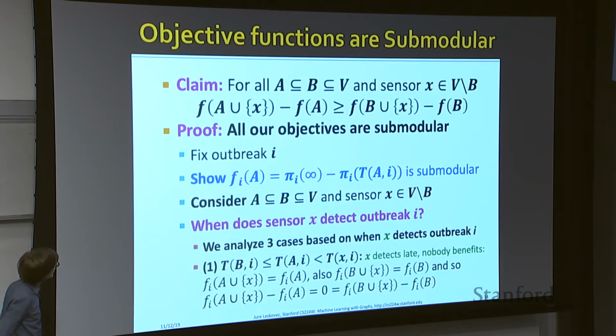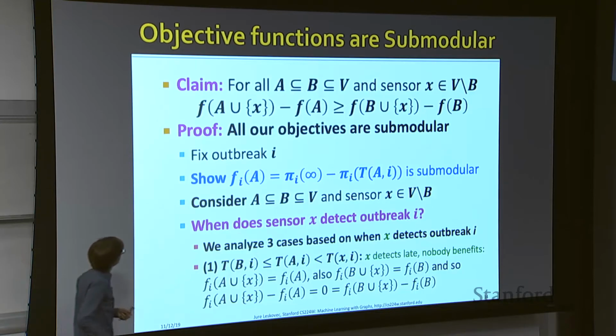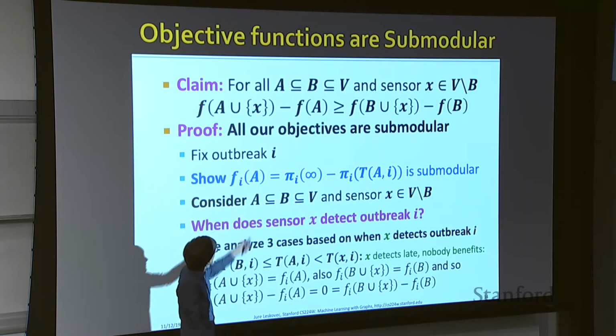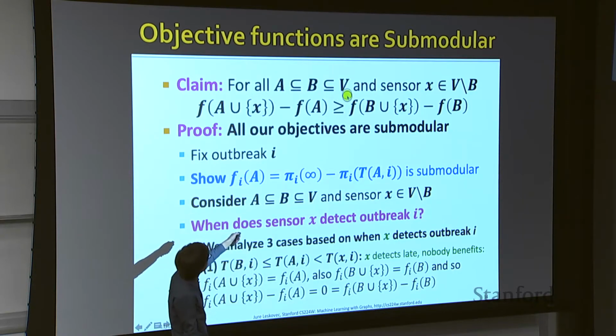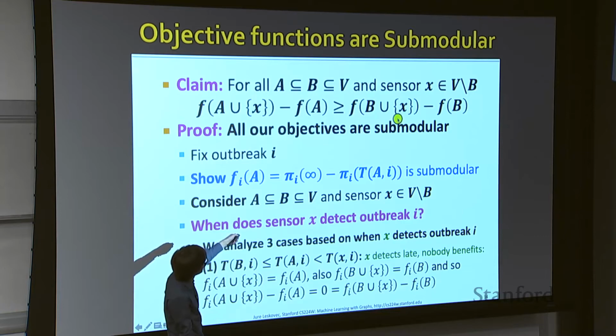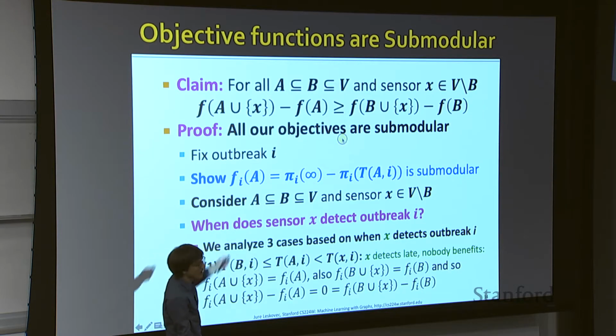So let me make a claim and then show you the proof. Our claim is that for all A a subset of B a subset of the vertices V, and given a sensor X, we get this diminishing returns property: the marginal benefit of adding X to a small placement A is bigger than adding the same sensor X to the larger placement B, where B is a superset of A. What we will show is that all our objective functions are submodular.